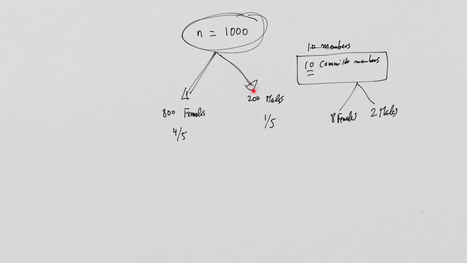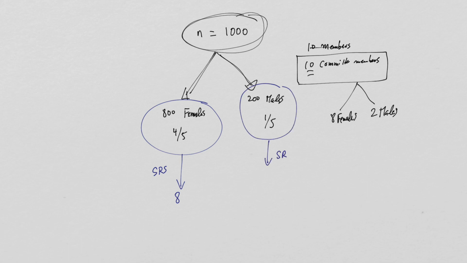First, you stratify or split by gender, and then out of these 800 females, you use a simple random sample to pick 8, and out of these 200 males, use another simple random sample to pick 2. Why? Because you want 1/5 to be males and 4/5 to be females.